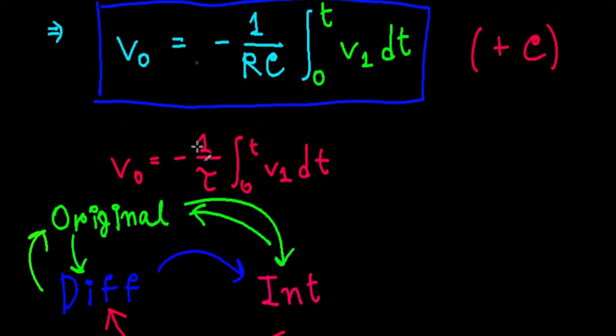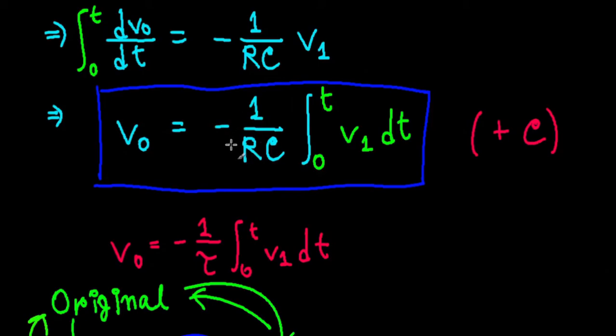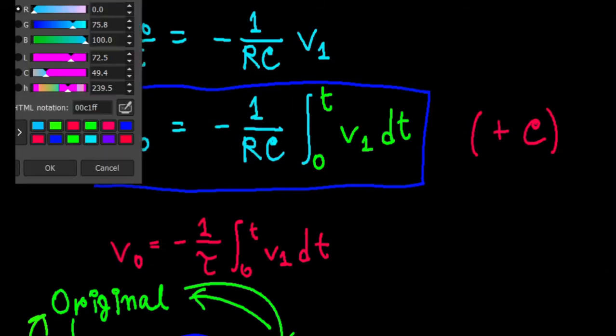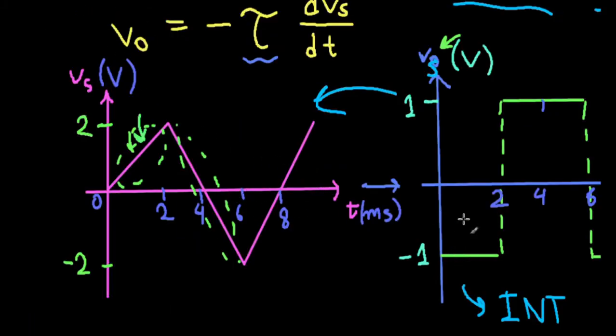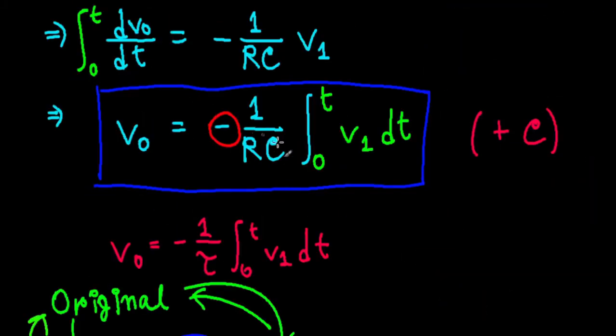It should also make sense if we go by the formula. The output voltage is, again, just like the differentiator, we need to be careful about one thing: this negative sign. We do need to be careful about reversing the polarity at the end. So basically, you're taking the area from t equals 0 up to your current time, under the supply voltage curve.